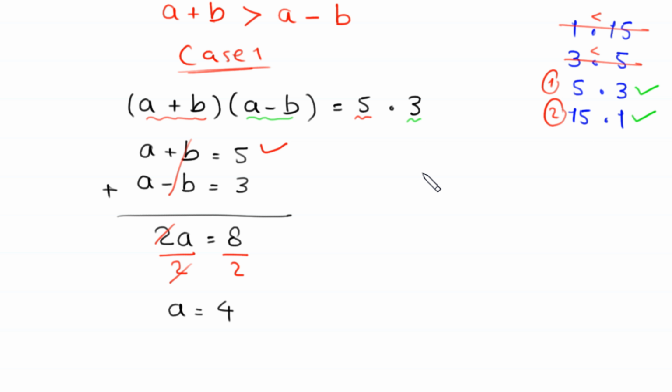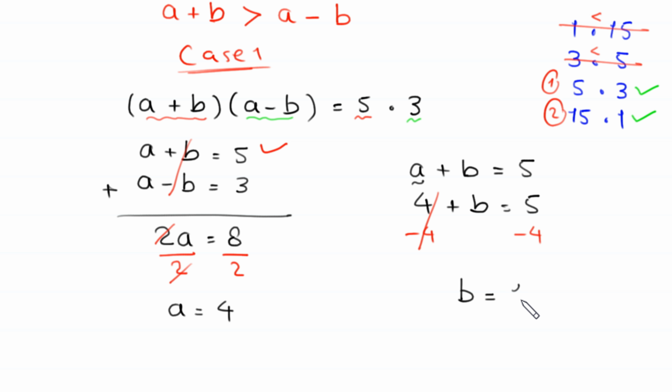Now to find the value of b, we put this value of a 4 in this equation. The equation is a plus b is equal to 5. In place of this a, we write this 4 plus b is equal to 5, and we subtract 4 from both sides, so this get cancelled, and from here we get the value of b is equal to 5 minus 4, 1.